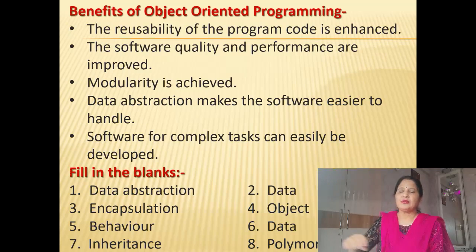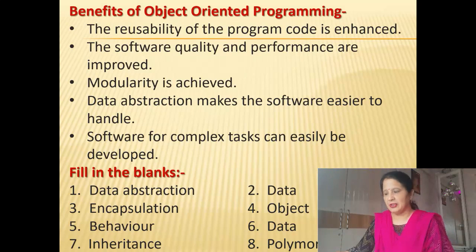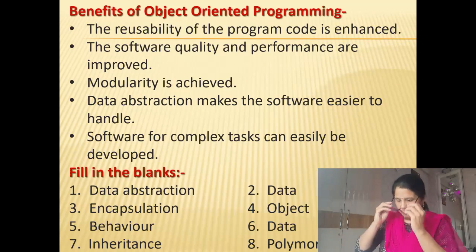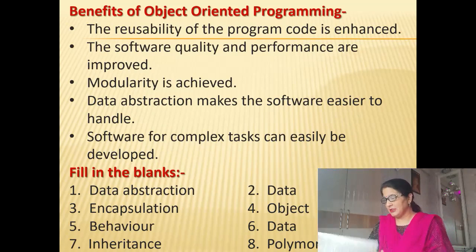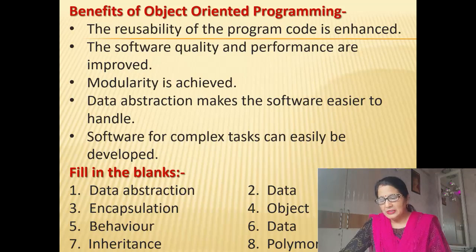Now, we will do the fill in the blanks, which are given in this chapter's exercise. First: an act of using essential features without including the background details is called data abstraction. In object-oriented programming, the importance is given to data.